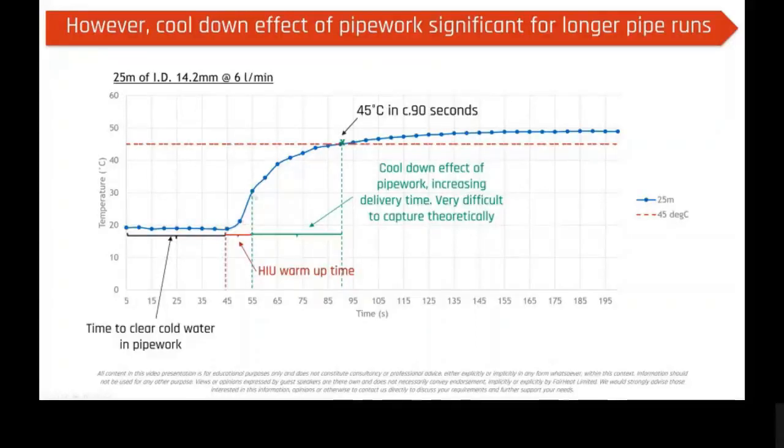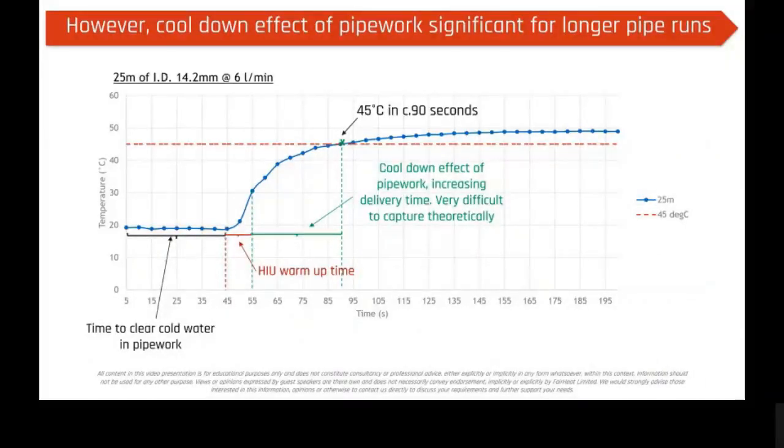But what actually happens is we start to see warm water and then hot. What's happening is that pipework that was cold is cooling down the water as it balances to a temperature before it gets to the outlet, and that effect is really exaggerated for long runs of pipework, and that was being missed by the theoretical calculations.